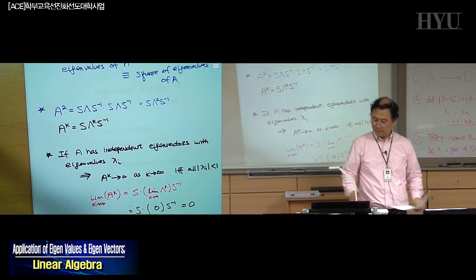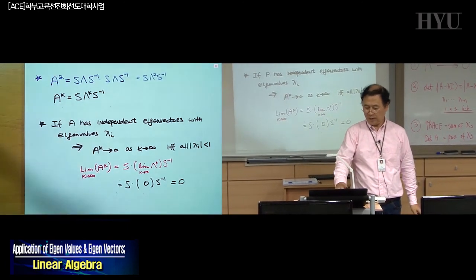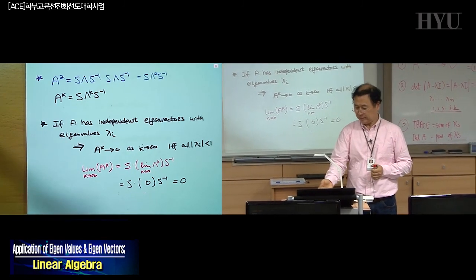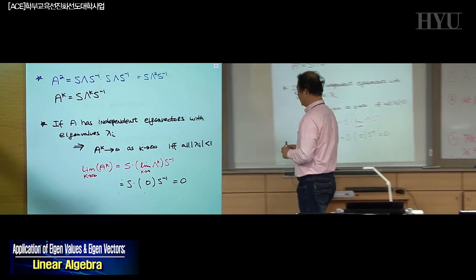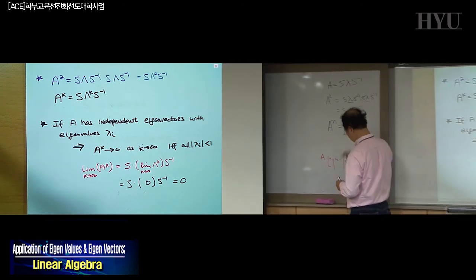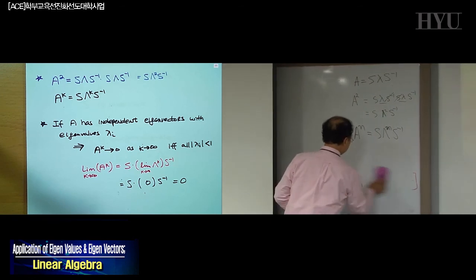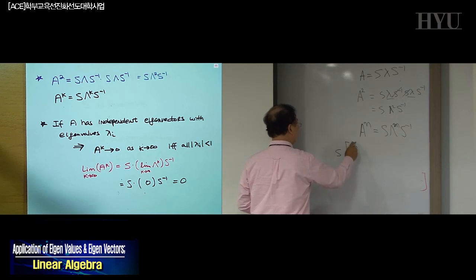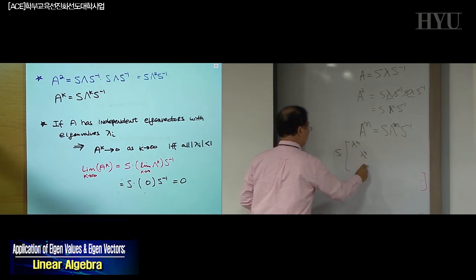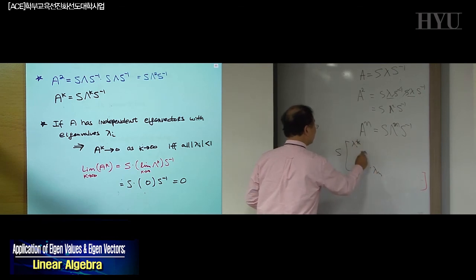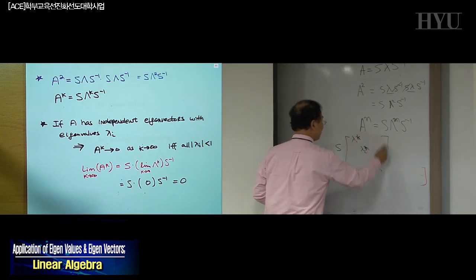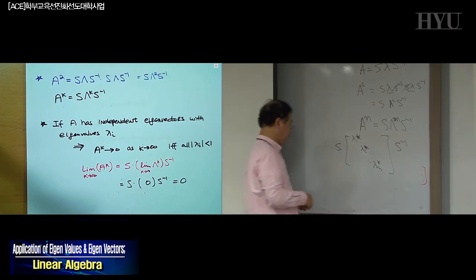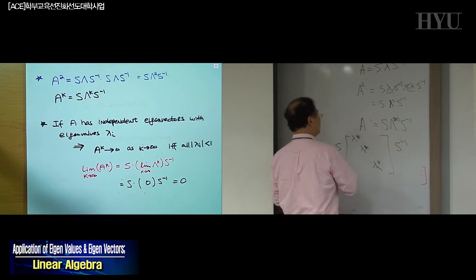So this is what I explained to you. A^k is S lambda^k S inverse. If we represent this, it is S times lambda1^k, lambda2^k, whatever, S inverse, right? Let's say this is k.